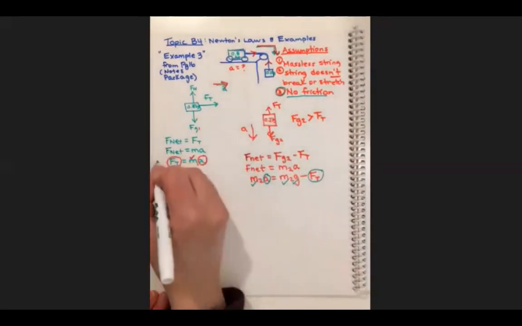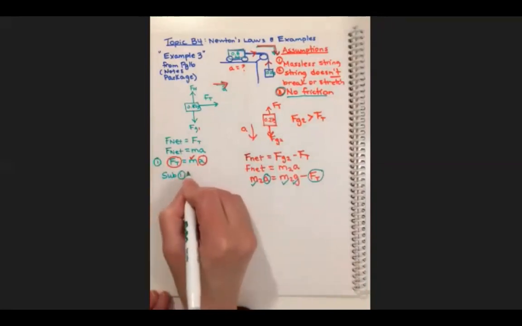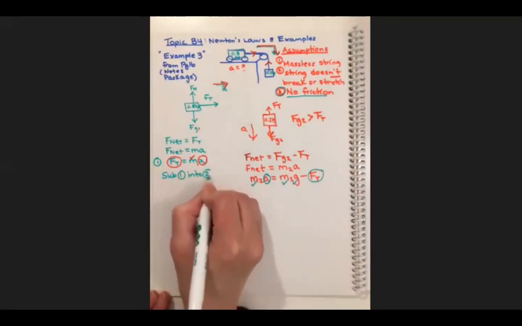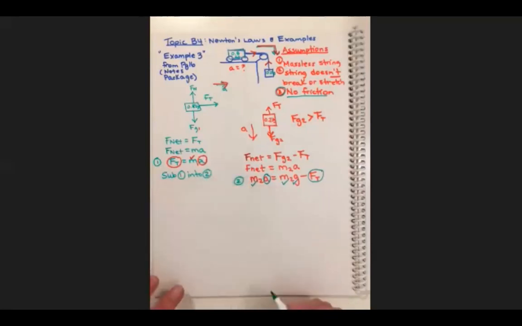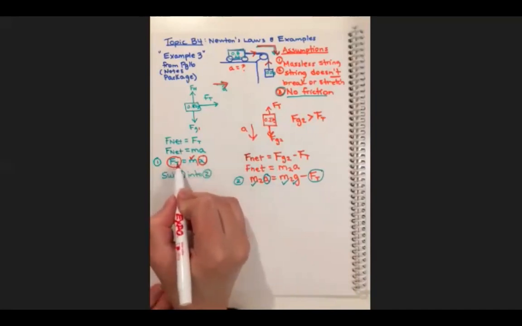So if we call this equation 1, we can sub equation 1 into equation 2. This is like you did in grade 10 math when you were solving linear systems. Substitution of m1a into the place of Ft.